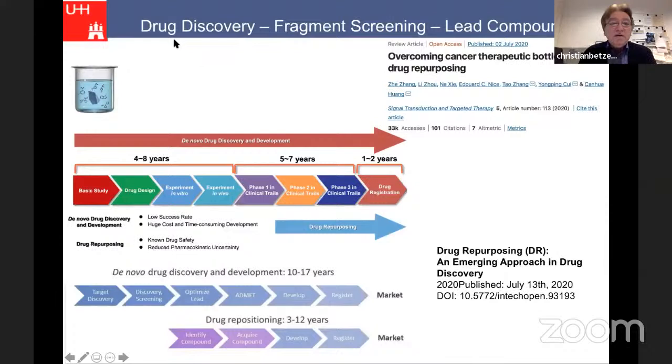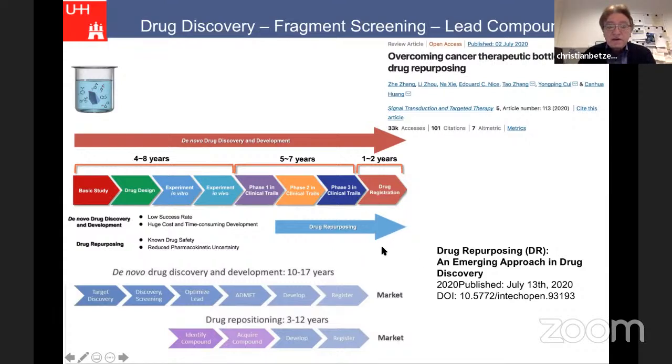In parallel, I just show slides about drug discovery. Here, you know, it can take up to 12, 15 years from the idea, bioinformatic drug design, up to phase 1, 2, 3, and drug registration. And it became very famous in the last year, drug repurposing, and we heard also in the talk of Professor Chaudhary, drug repurposing is a very important tool these days, meaning for drug repositioning also is the same.